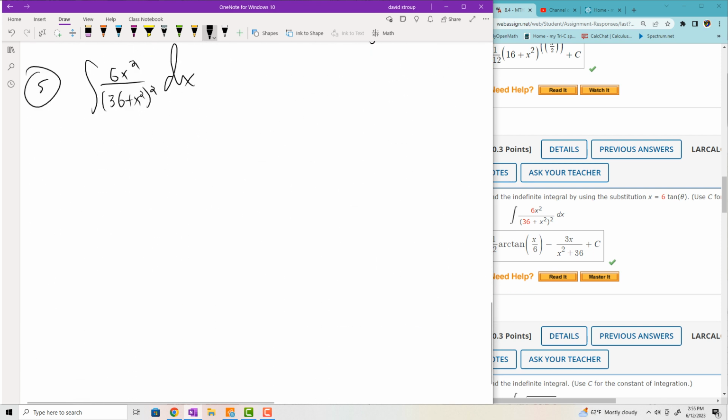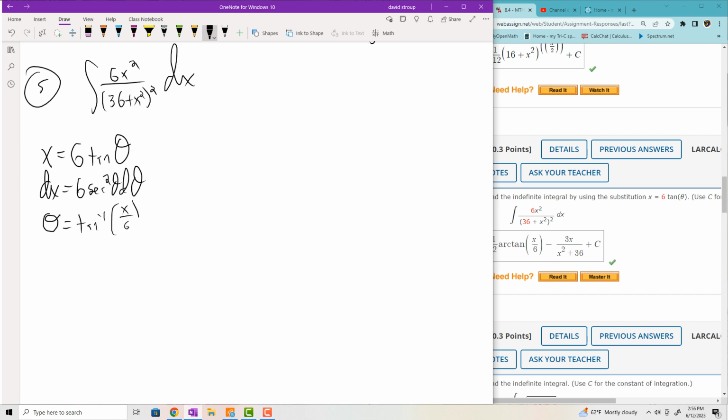So our u, which in this case is just the x position there, our x is going to be, you take the square root of 36 is 6, and then we're using the tan function for that form. Then get your dx. That'll be 6 secant squared theta d theta, and then solve for theta from the original formula. Theta will be tan inverse of x over 6, and then you could set up your triangle.